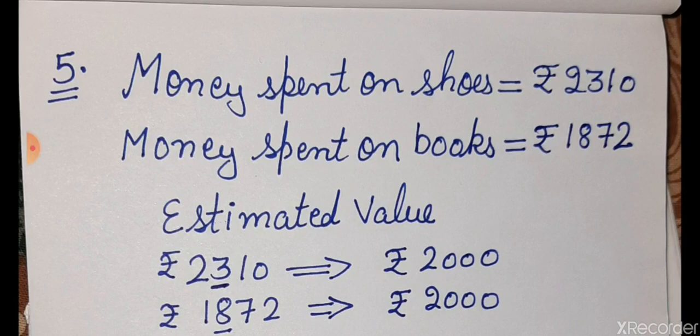After that, we estimate both the values, as I have just shown you. 2310 will become 2000 and 1872 will become rupees 2000. So both the values came to 2000 and 2000.